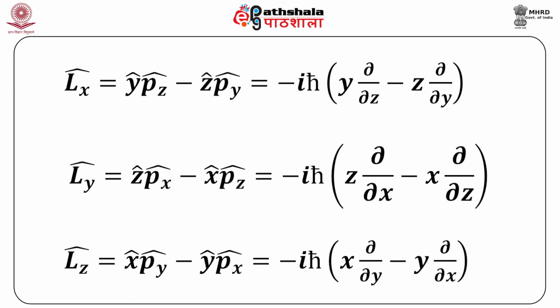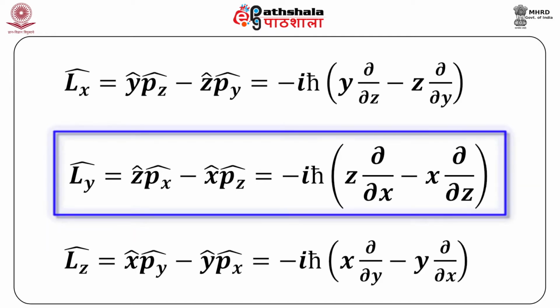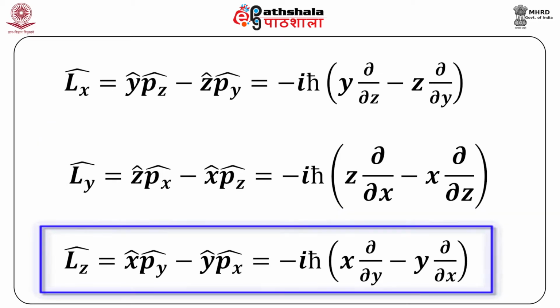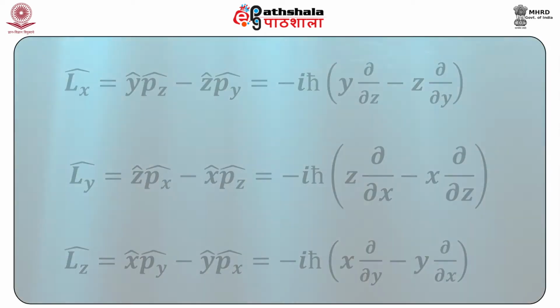Likewise, we can define Ly equal to z px minus x pz, equivalent to minus i h cross (z ∂/∂x minus x ∂/∂z). Similarly, Lz equal to x py minus y px, which is equal to minus i h cross (x ∂/∂y minus y ∂/∂x).